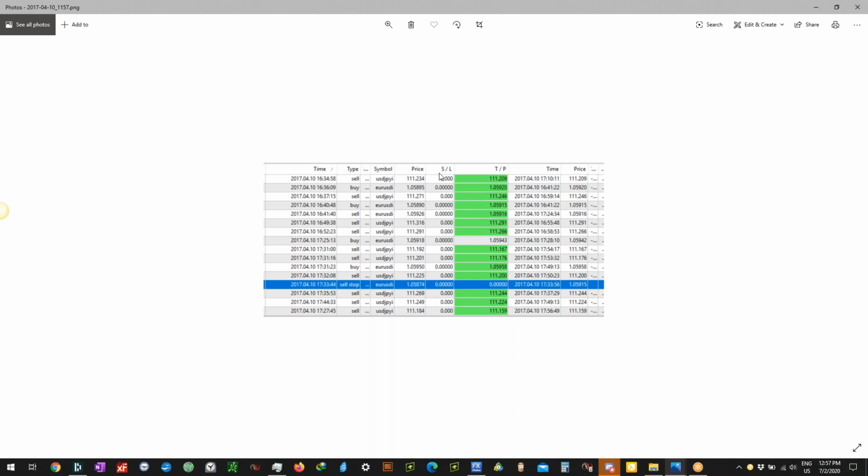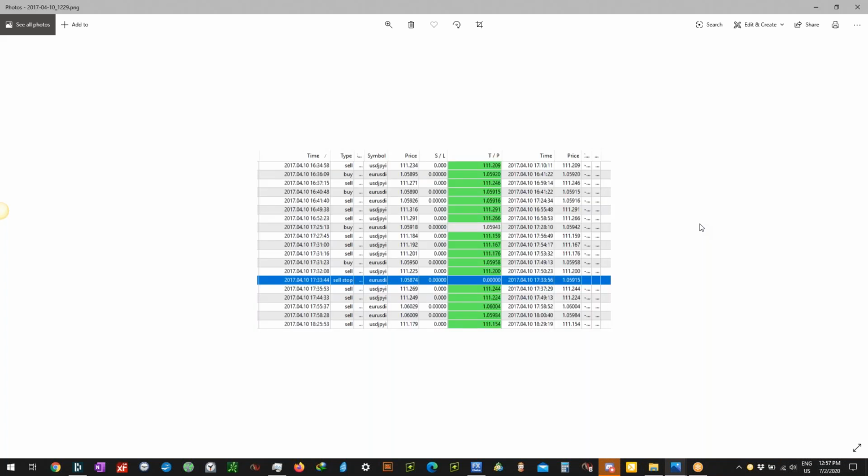I do not recommend not having stop losses. It's just that I have been trading like this for a while. As you can see, the date here is 2017, so even before that, I've been doing it for a while. So use a stop loss.